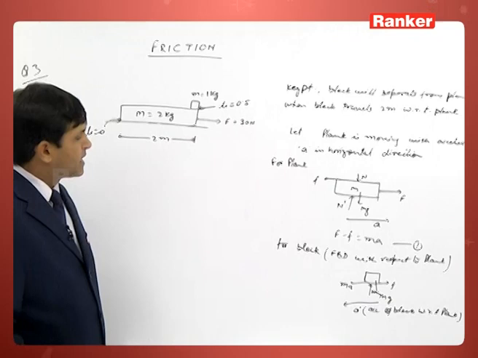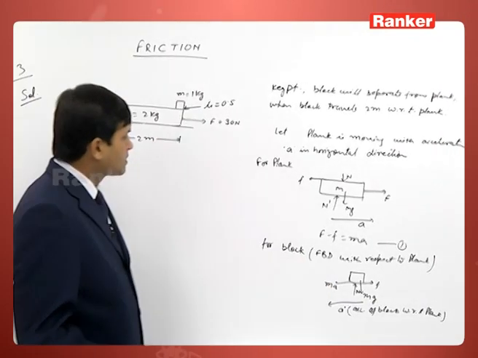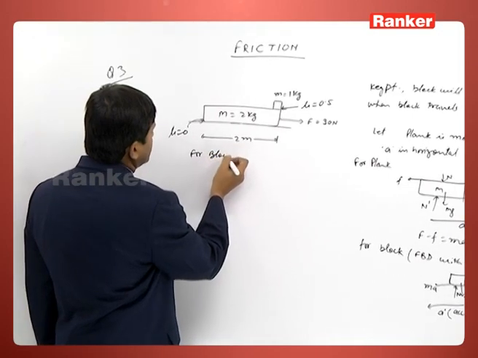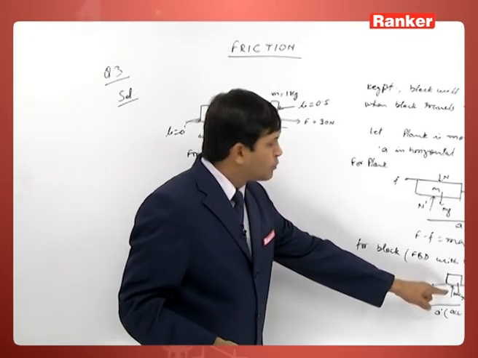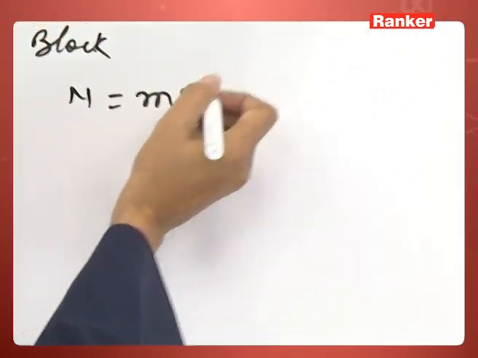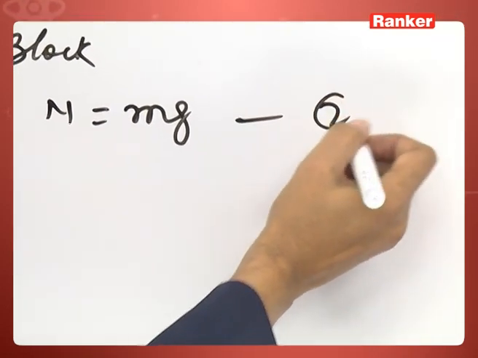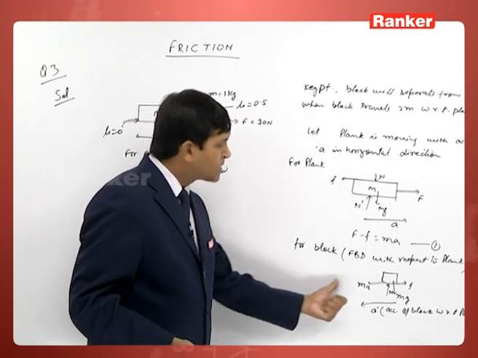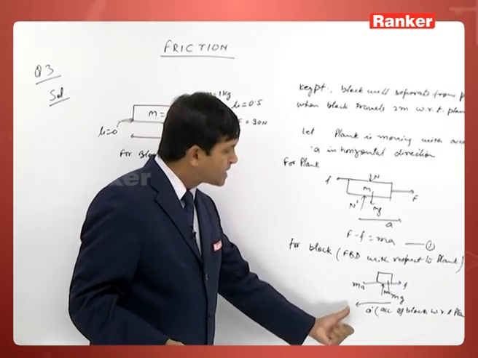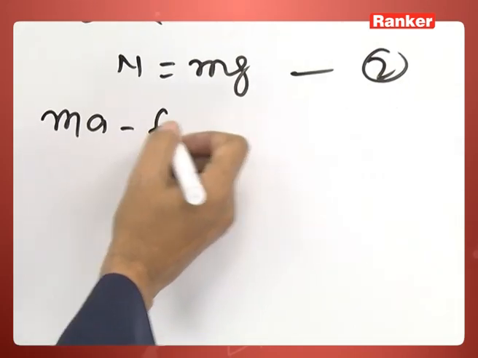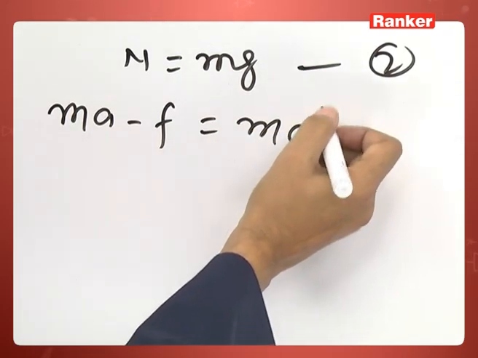So, now we can make the equations for the block. For the block, there is no motion in the vertical direction, so N is equal to mg. Let this be equation number 2. Since the block is moving this side with acceleration a dash, ma minus f is equal to ma dash.